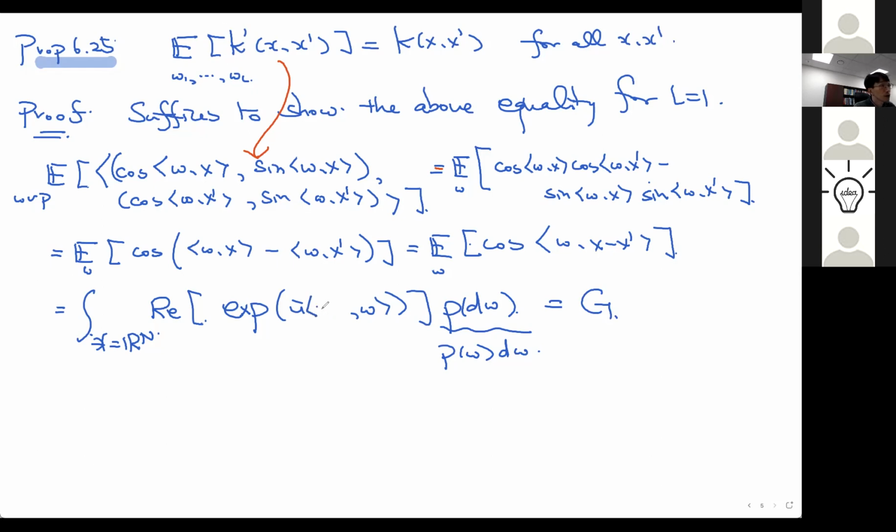By Bochner's theorem, this is the same as the function of x minus x prime, and that is exactly the value of the kernel k of x, x prime.